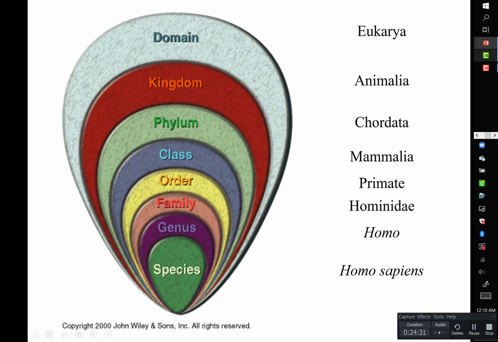Our binomial name is Homo sapiens. Homo is the genus, and we capitalize the genus. So notice that this is capitalized. This is the species, and the species name is underlined. So Homo sapiens is our binomial name. Homo is our genus. Sapiens is our species.